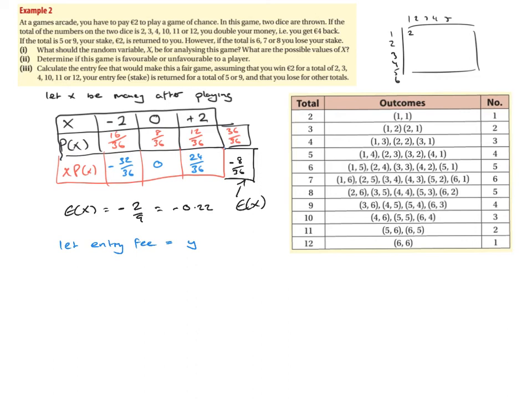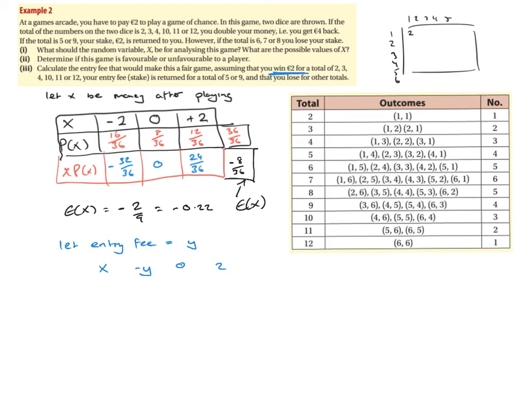So again, our x's are the same. So x can either be minus y, because that's what we're going to lose, since we don't know what the entry fee is, or I don't win anything, or I win €2, because it says that you win €2 here.